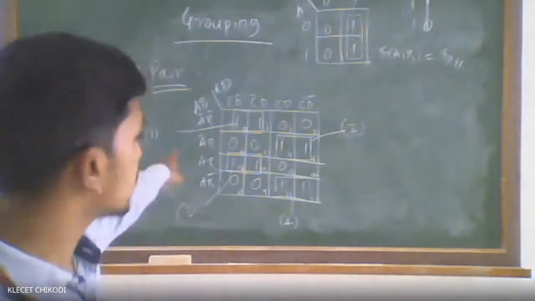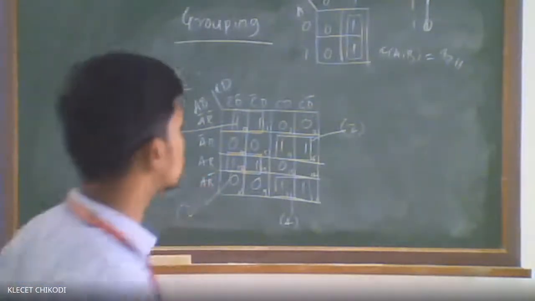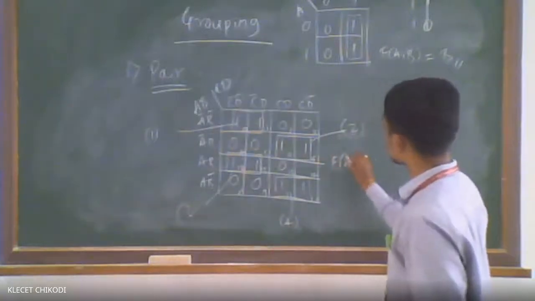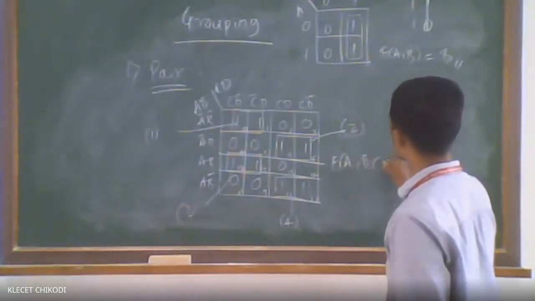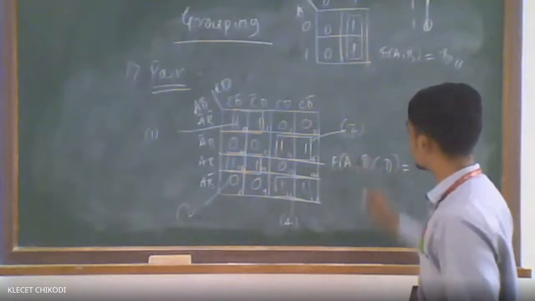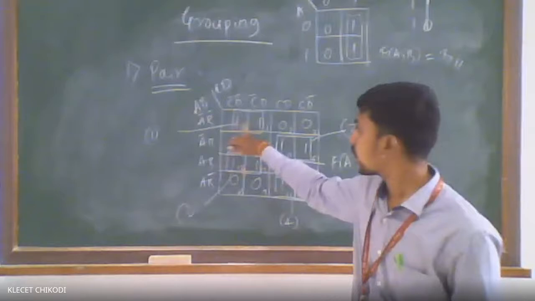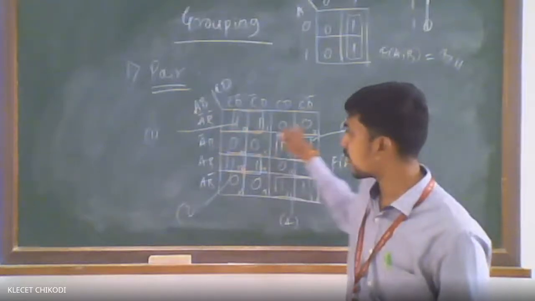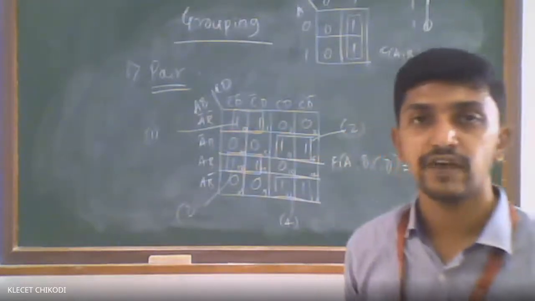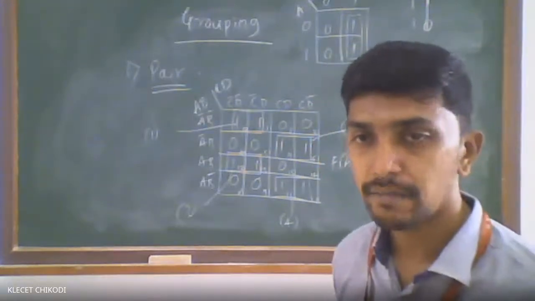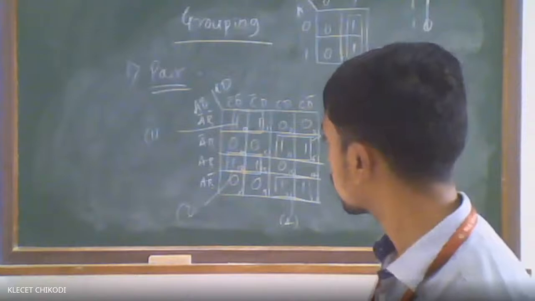Now for first variable, since I am considering f of a, b, c, d, what is the function that is minimizing expression f of a, b, c, d? For first pair, what is the value? Somebody has written it already. A bar, B bar, C bar.